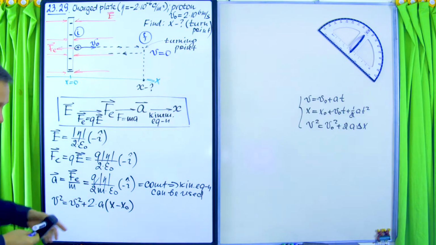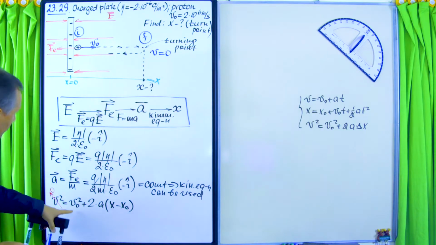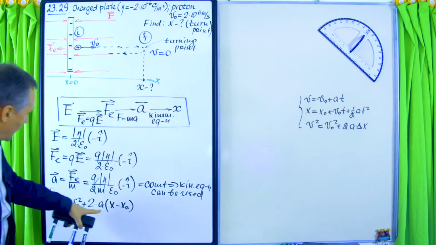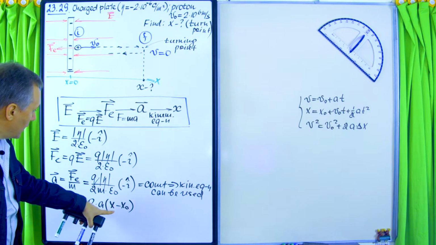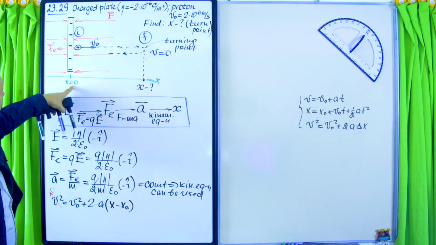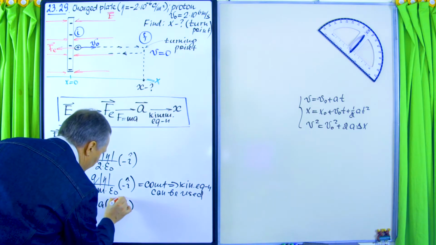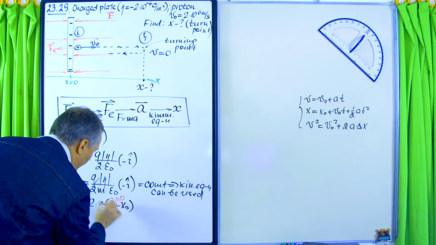We can drop this left-hand side. Then the initial velocity is not 0. Acceleration we just found. Final position, that's our unknown. x naught: the proton starts at the origin. This is also 0. And that's our unknown.